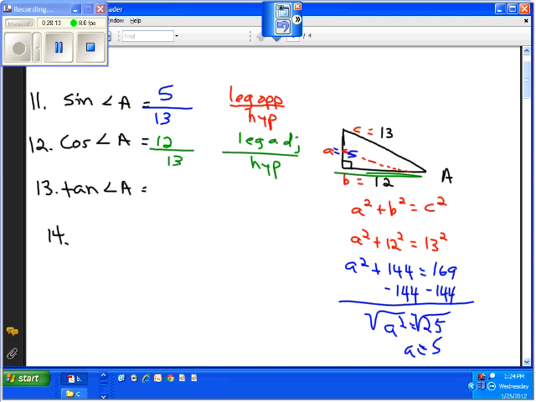So the cosine angle A is 12/13. Tangent angle A is the length of the leg opposite angle A over the length of the leg adjacent to angle A. The leg opposite angle A again was the 5, and the leg adjacent to angle A was 12. Any questions on that?